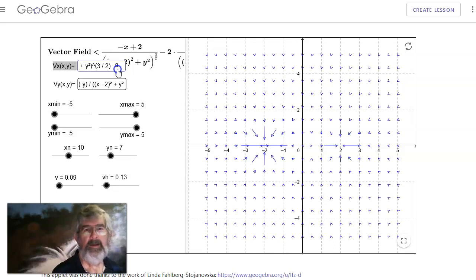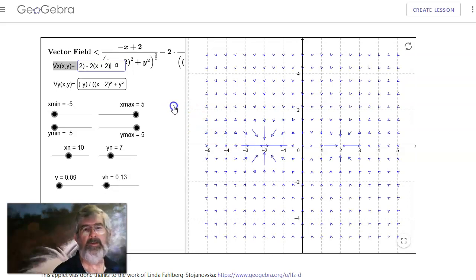I can go through it here. The gravity to begin with, this first one with the minus x plus 2, is this one right here, and it's being divided by x minus 2 squared plus y squared, to the 3/2 power. So that's the inverse square property for that one, and then I'm adding to it, or in this case subtracting, because it's being pulled towards it anyway, 2 times the gravity that would be headed towards this one.